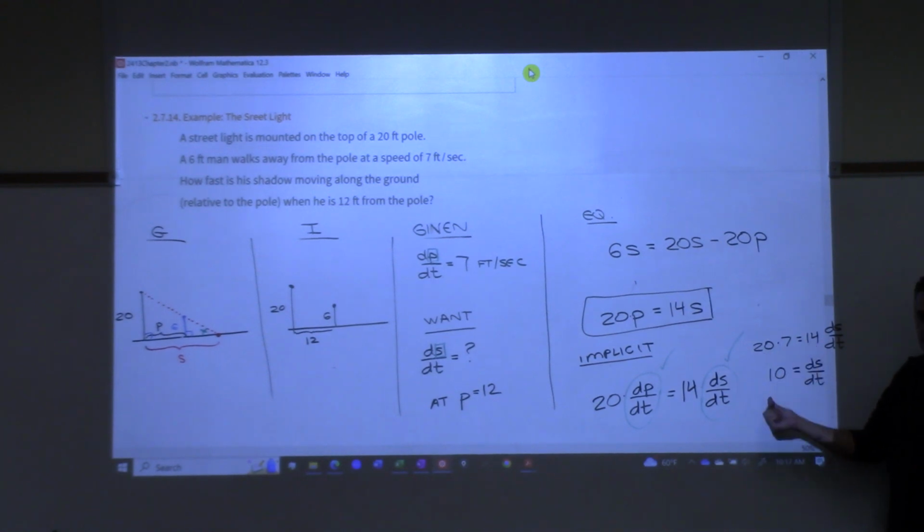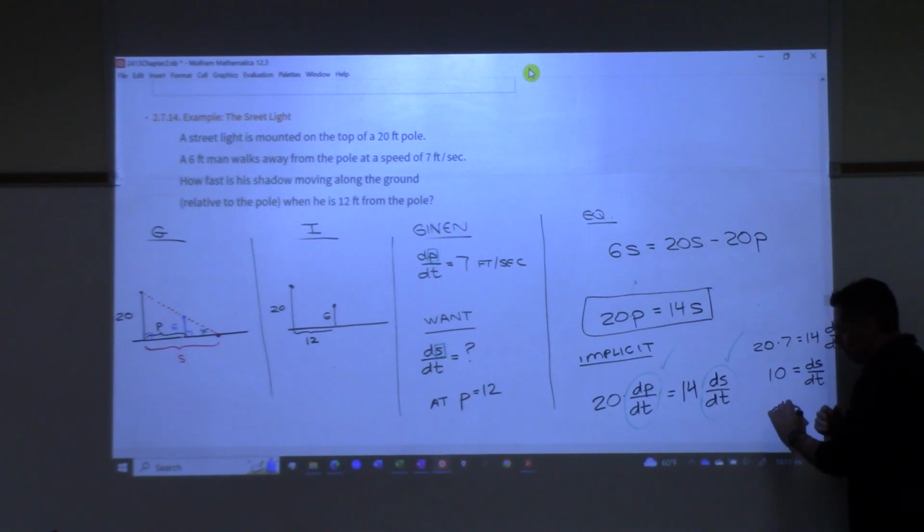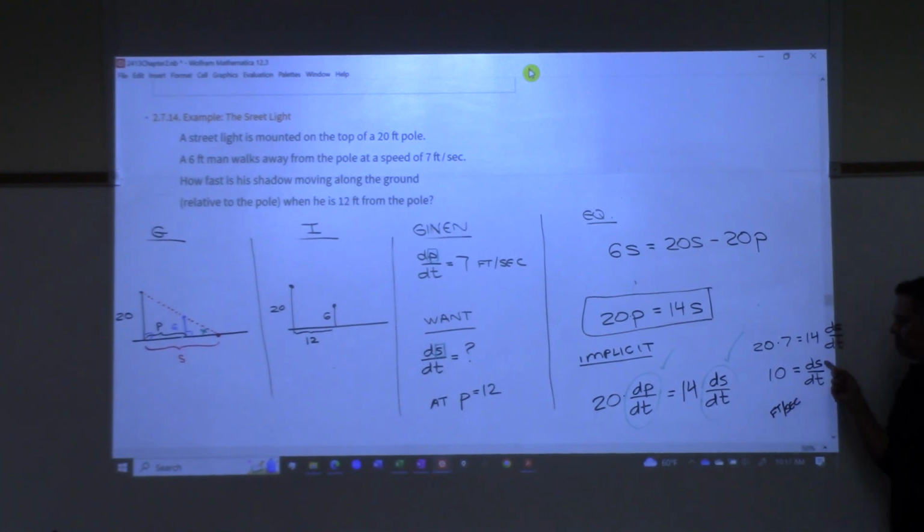Divide by 14, you get 10. This is our answer. It's measured in feet per second, because s is measured in feet, t is measured in seconds, 10 feet per second.